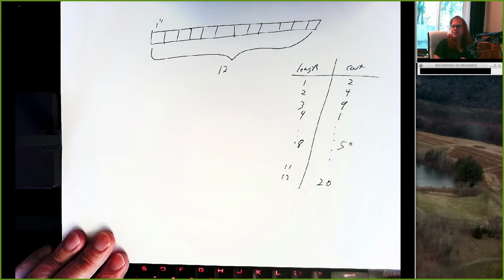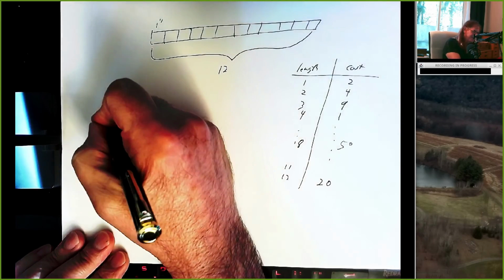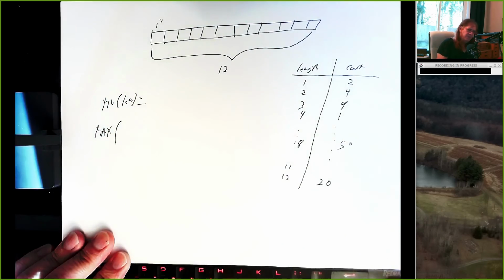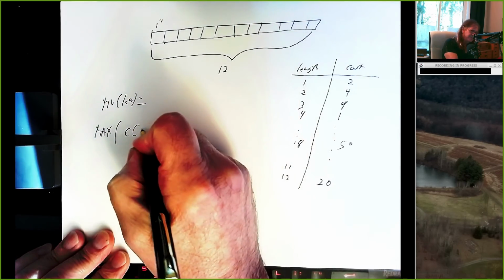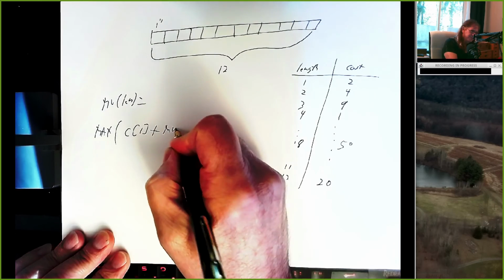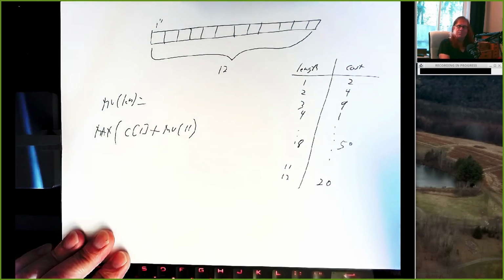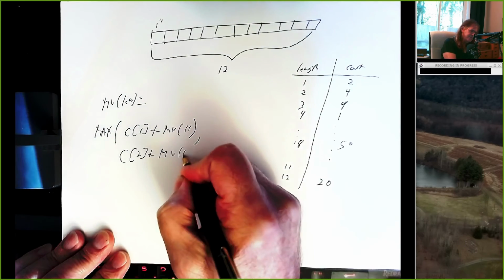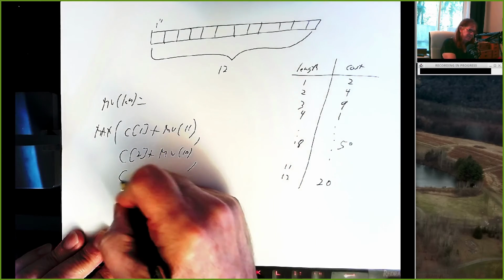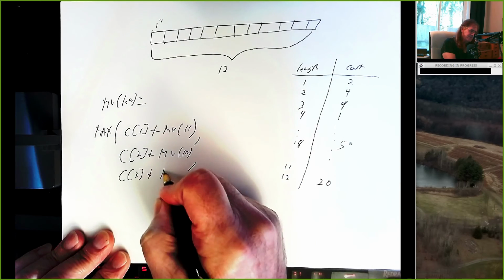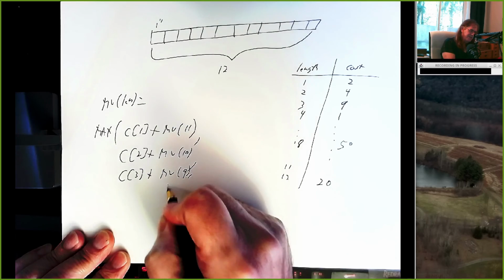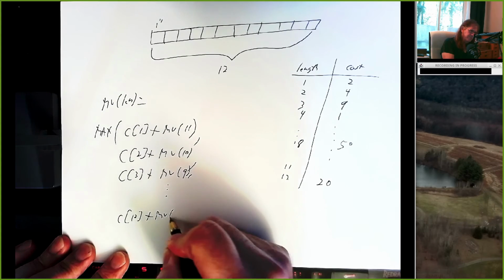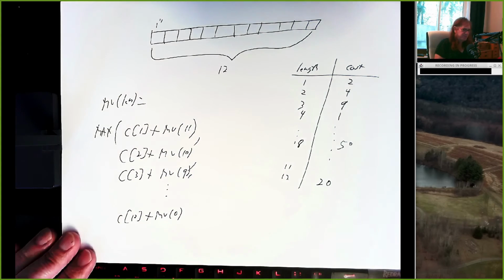And so we can look at this as another max val function. Max val of some length is going to be the cost of a 1-inch piece plus max val of the remaining 11 inches, or the cost of a 2-inch piece plus the max val of a 10-inch piece remaining, or the cost of a 3-inch piece plus whatever I can get out of the remaining 9 inches, or the cost of a 12-inch piece plus what I get from a 0-inch piece, which presumably is 0.